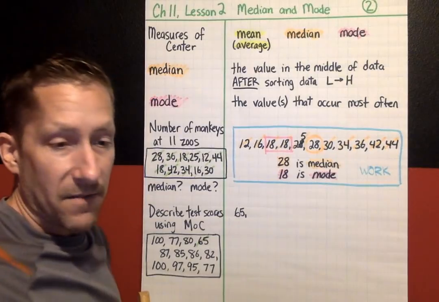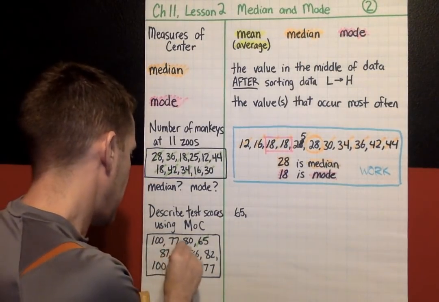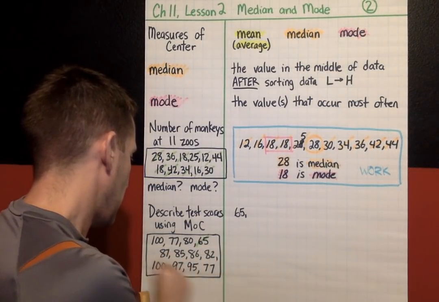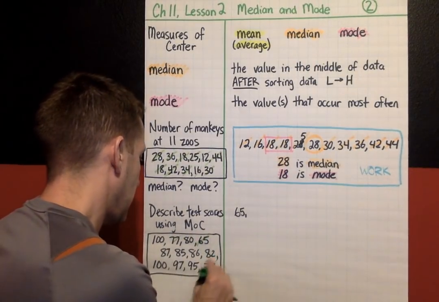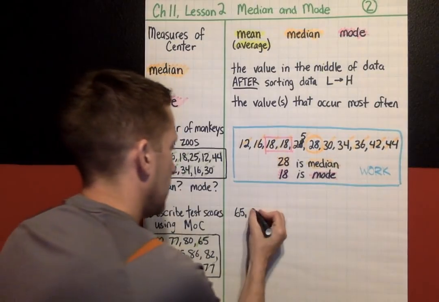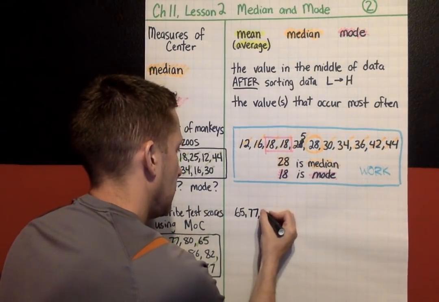So I've counted 65. Scan my data, 77. Okay, so 77, I have two of them. That looks like the next lowest. 77. List it twice.